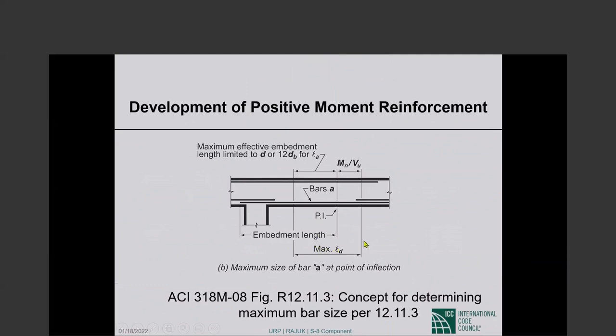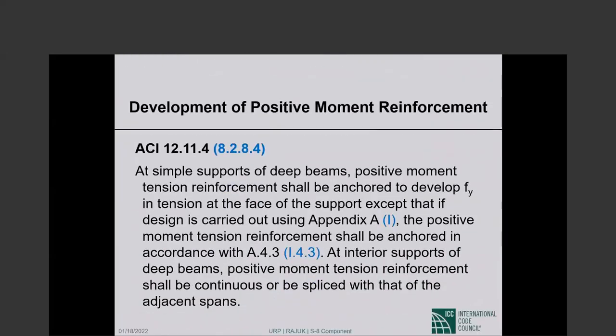So the maximum development length is from here to there. M sub N over V sub U in one direction from the point of inflection, and 12 bar diameter or D sub B in the other direction from the point of inflection, the two added up to the maximum development length. So the bar diameter cannot exceed a certain value, which will take the required development length beyond the maximum development length. Okay.